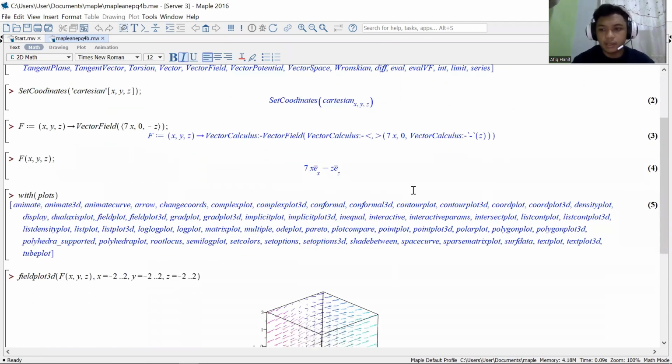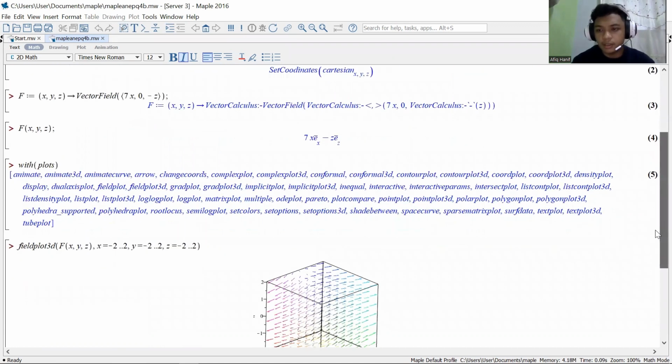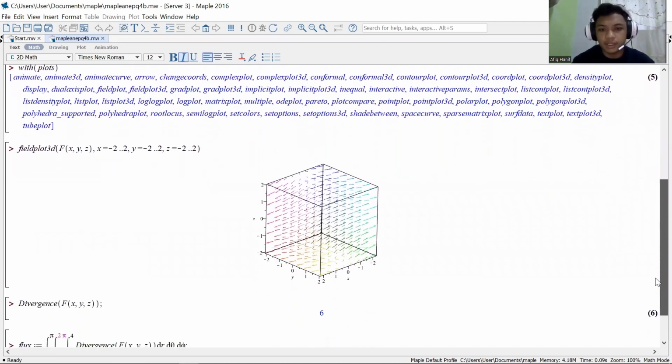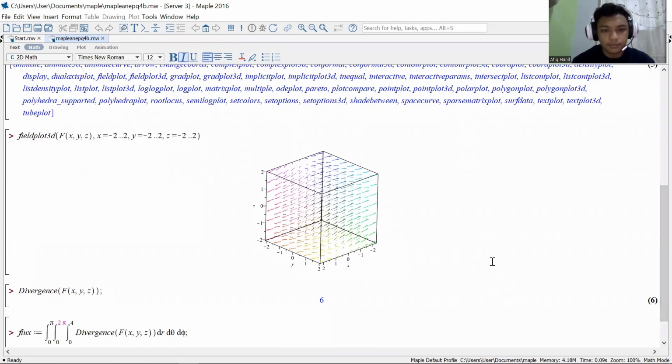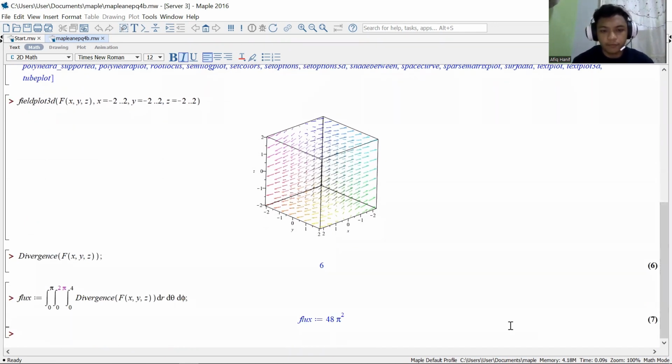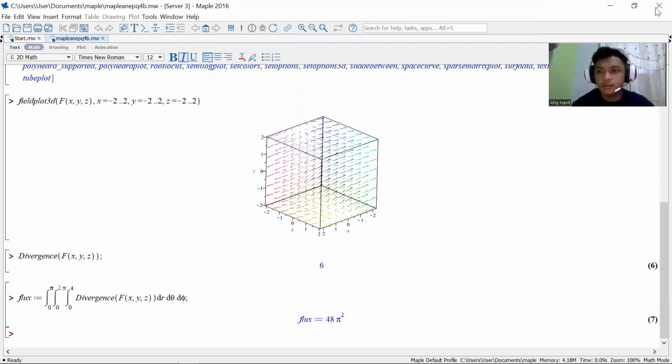I put this coding and this is our 3D plot for XYZ. And for the final answer, I get the same as what we did, 48 pi over 2.